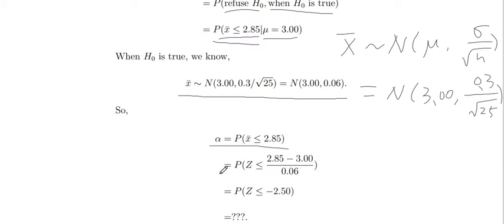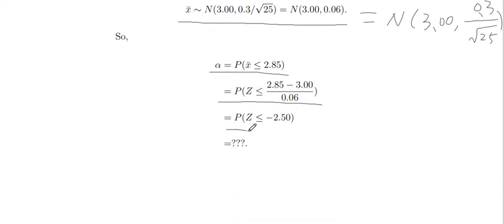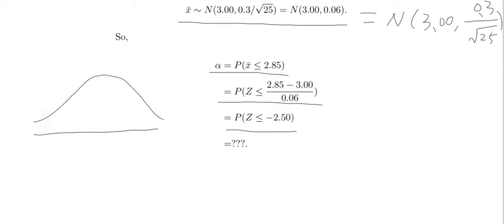First we change this to a standard normal: minus mu divided by sigma, and with a little bit of calculation, we find the cut point negative 2.50. Then we check the z table to find this probability.